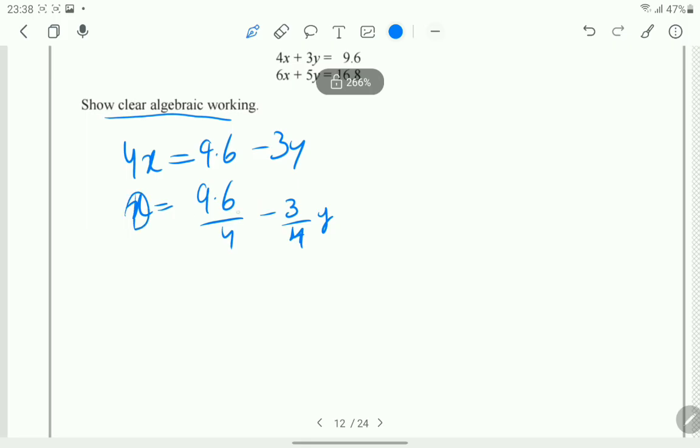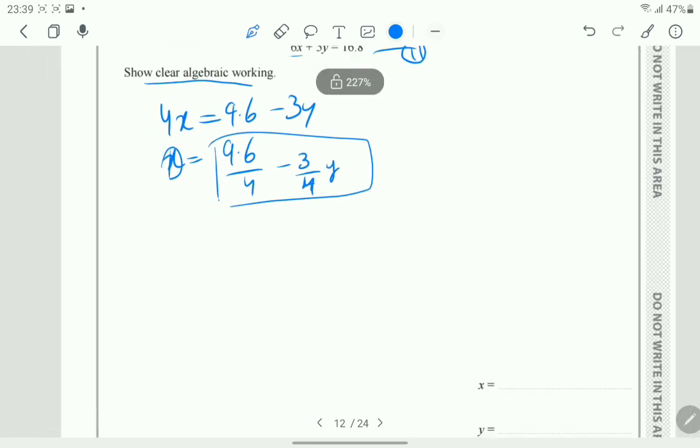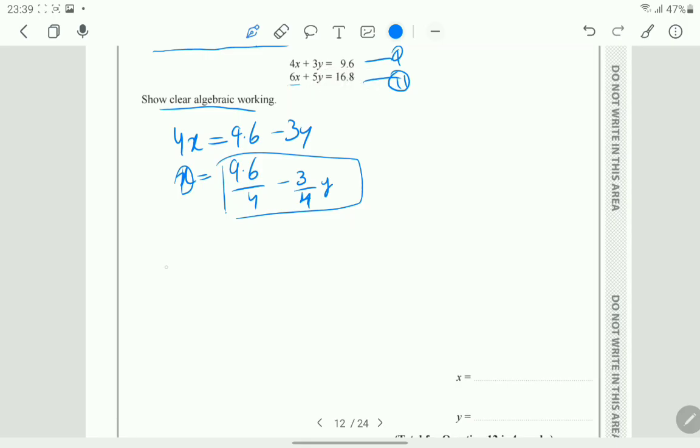And now we have the value of x as this, so we plug it in this equation, the second equation. This is our first equation, this is our second equation. Knowing simultaneous equations goes a long way, guys, trust me.